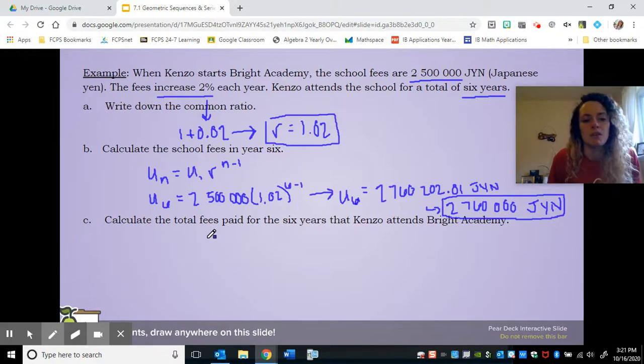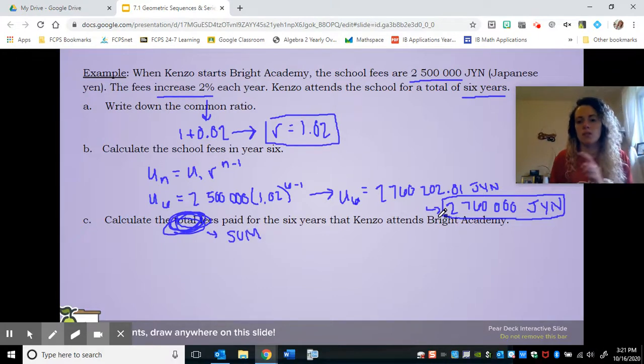Finally, in part C, we're looking at the total fees paid for the 6 years. So total meaning sum, not just in that 6th year, but through all 6 years, how much did they pay? So we'll use that sum formula.